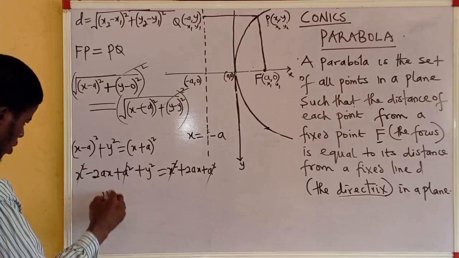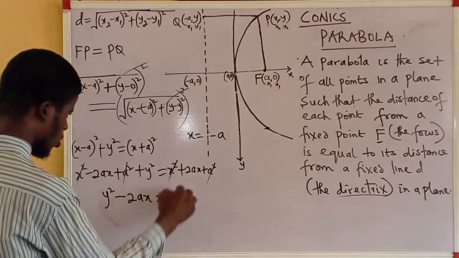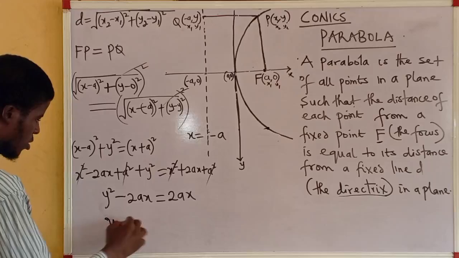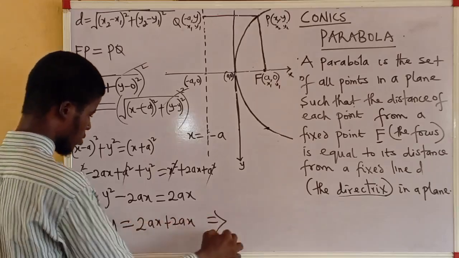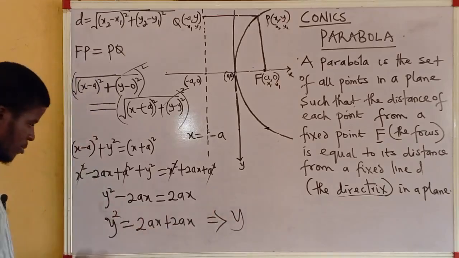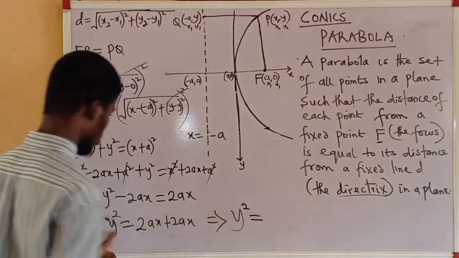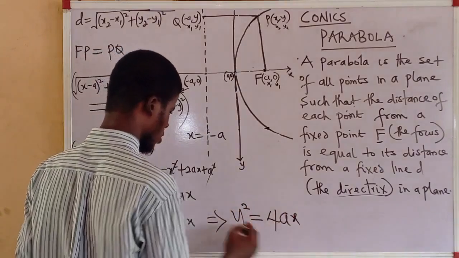We have y squared minus 2ax is equal to 2ax. So if minus 2ax crosses it, it is now 2ax plus 2ax. So y squared is equal to 4ax.